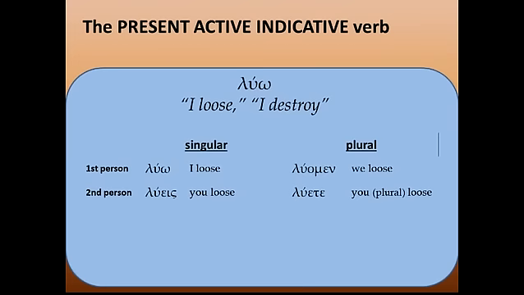You don't have to write out plural routinely, although in your homework at first it will be helpful to me to know that you understand the difference if you'll make a little parenthetical notation to indicate whether your English you is singular or plural. Or if you're from Alabama like I am, you can just say y'all loose when it's plural. The third person, lue, means he, she, or it looses. But if we mean they, if it's a plurality of people who are loosing, then the form will be luuse, they loose.